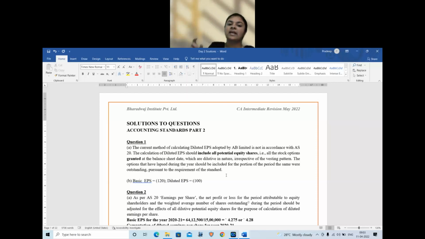So which means if the options have lapsed after 6 months, for the first 6 months we should include the diluted shares. Then for the next 6 months we can exclude the lapsed options. So basically the crux is granted options need to be considered. We should not consider only the vested options. Right? Is the rule clear, friends?